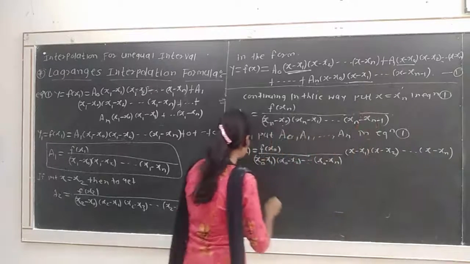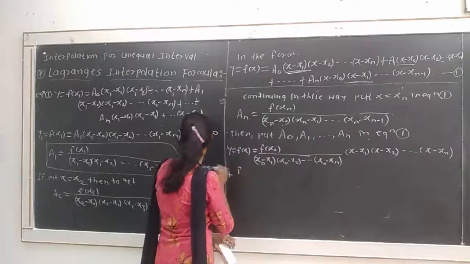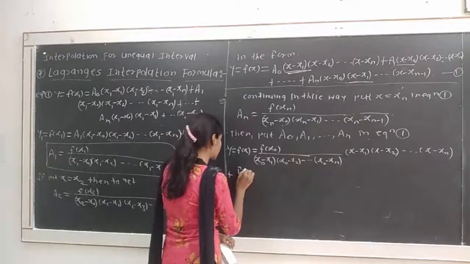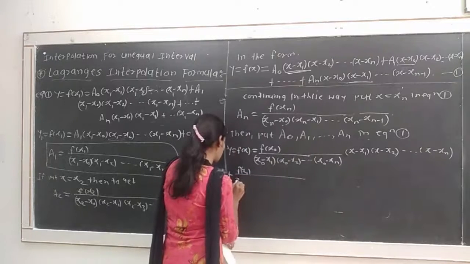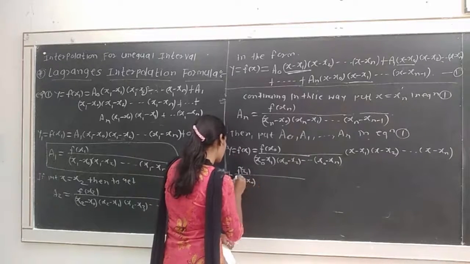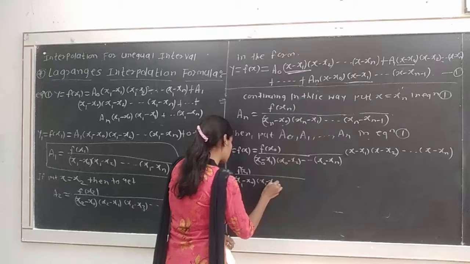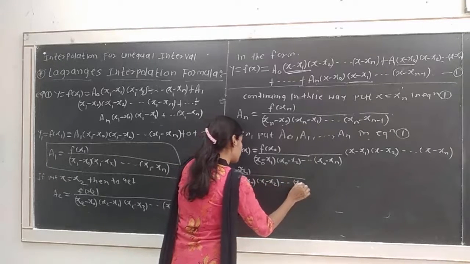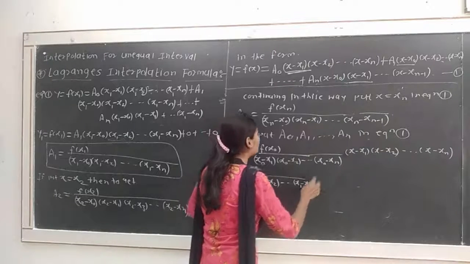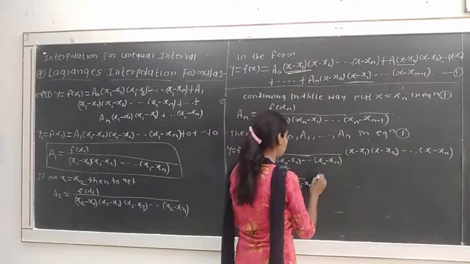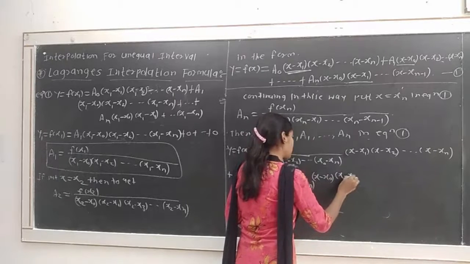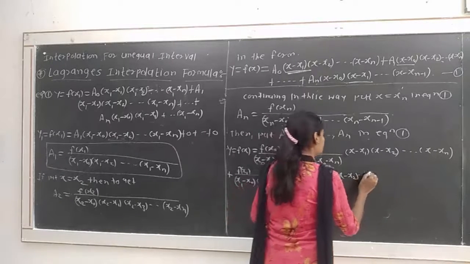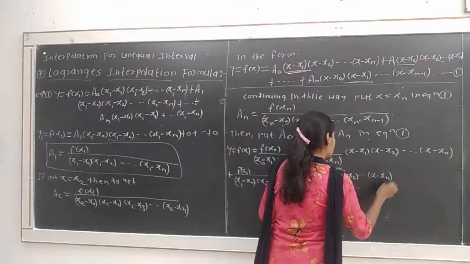Then plus a1, which we can find here: f(x1) divided by (x1 − x0)(x1 − x2) up to (x1 − xn), into these factors, that is (x − x0)(x − x2) up to (x − xn).